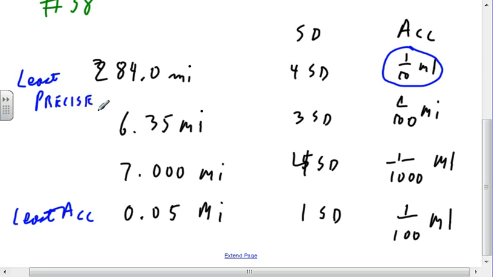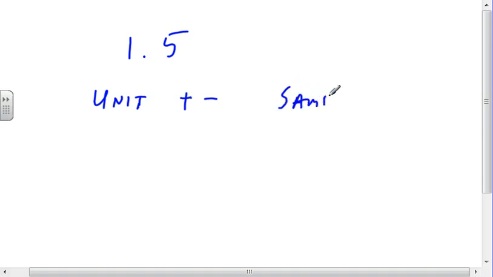Okay. And with that, we're done with section 1-4, and we're going to section 1.5, which has to do with operations with measurements. So if I'm using units and I'm adding or subtracting those numbers with units, I need the same unit.